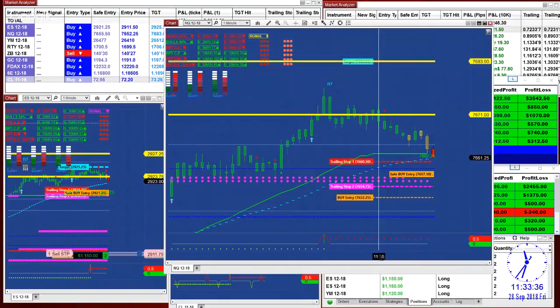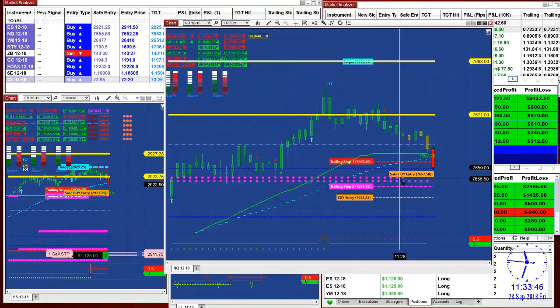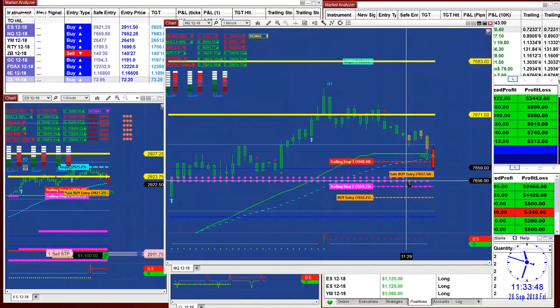You're always aware what's going on. They're pushing it down. Let's see. Now, this is our official re-entry point. Let's see if we're going to be generating any new signals.